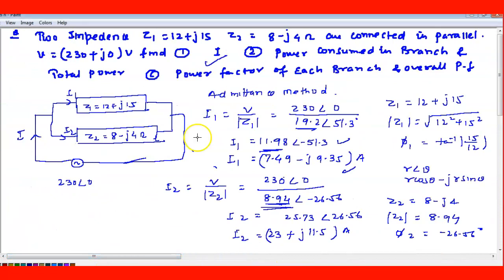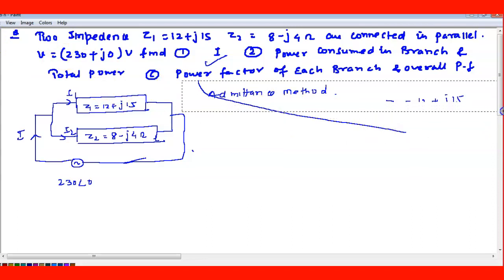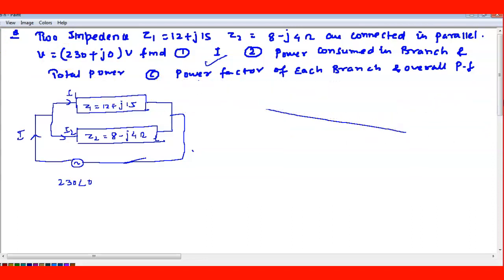No. So the same question we will do by another method, using normal complex numbers, not the admittance rule. The admittance rule is useful because the calculations will be easy. Otherwise, you can find the total equivalent, like we did in the DC circuit. Here we can find the Z equivalent: Z1 into Z2 by Z1 plus Z2, right?